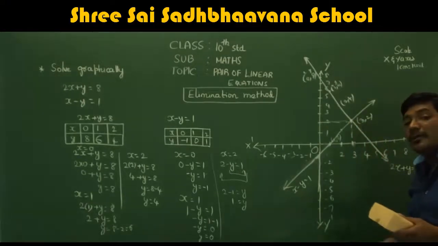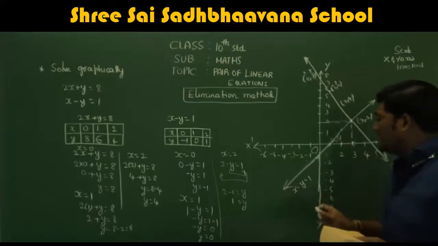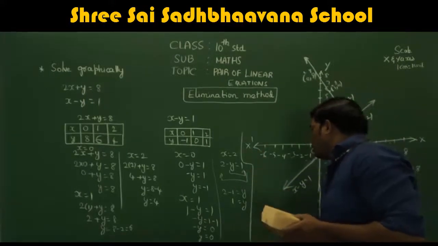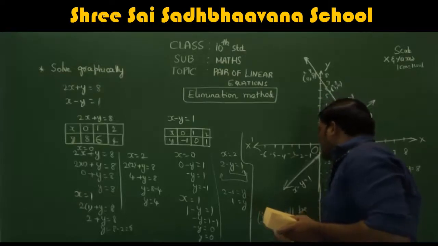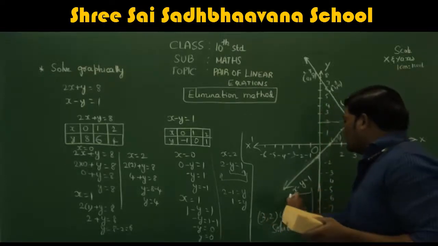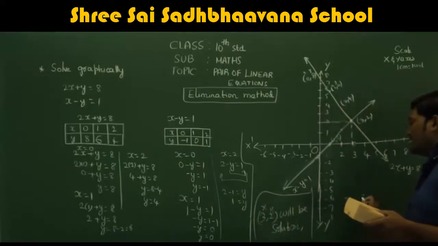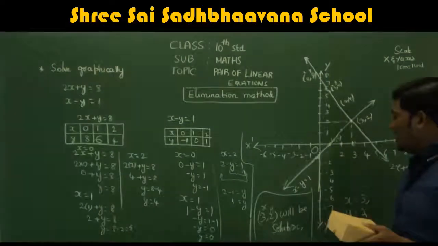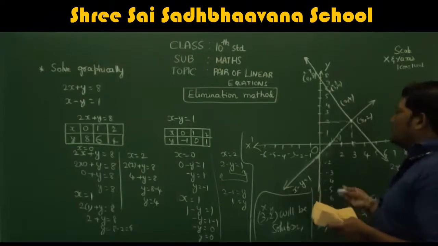So that point is 3 comma 2. We can write here 3 comma 2 will be the solution, because they clearly told us to solve it. Solve it in the sense what? We have to find the x and y value. So we found the x value and y value. The x value is 3 and the y value is 2. So x is equal to 3 and y is equal to 2. This will be the answer or solution for this.